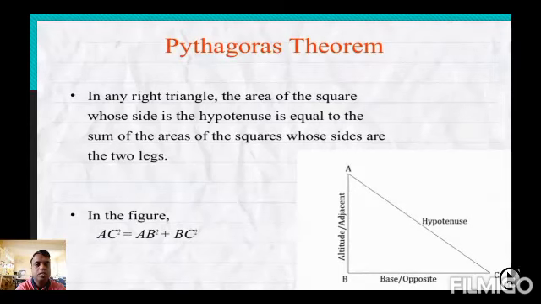The Pythagoras theorem states that in a right triangle, the area of the square on the hypotenuse is equal to the sum of the areas of the squares on the other two sides.